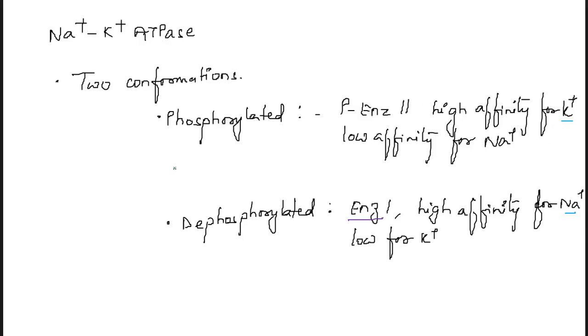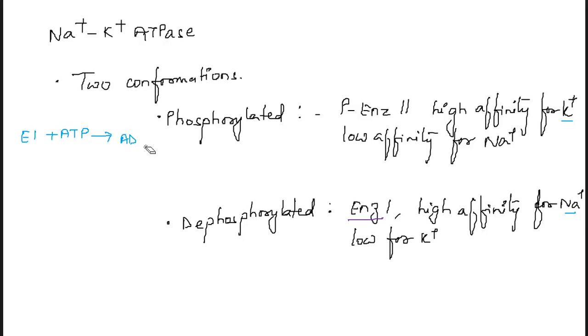So first of all, if I write the steps again, E1 and ATP are there in the first case, and they have high affinity for sodium. E1 plus ATP have high affinity for sodium, and when this ATP is hydrolyzed, what will be formed?